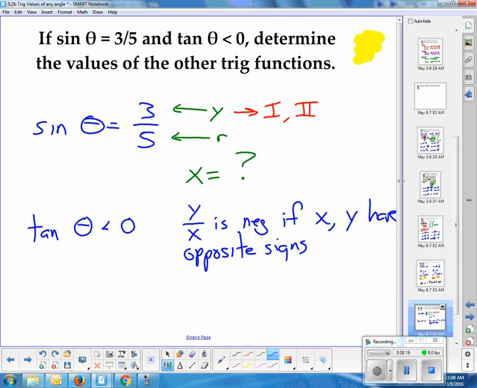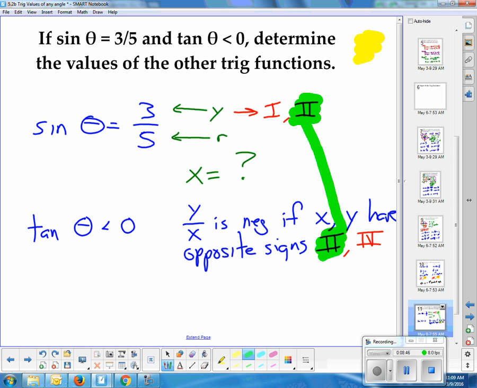If both x and y were negative, a negative divided by a negative is a positive. So I need x and y to have opposite signs, and that occurs in quadrant 2 and in quadrant 4. So I'll notice here that that fulfills quadrant 2. So now I know my theta is going to be a second quadrant angle.